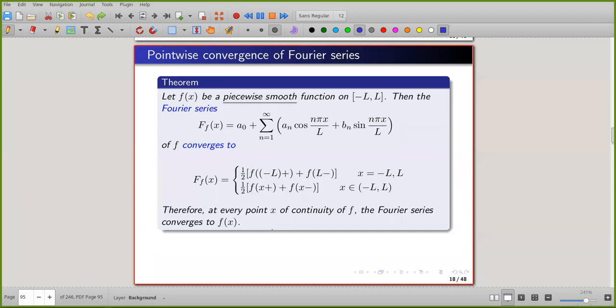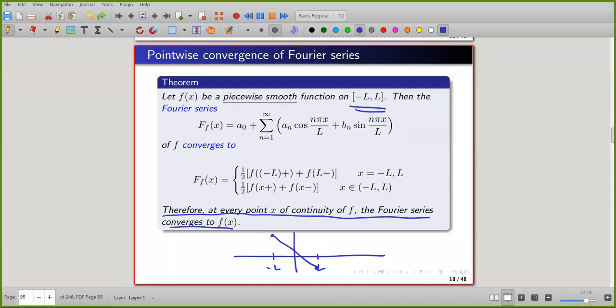So in some sense, when we look at this statement, we are extending our f. So let's say our f was defined like this, between minus L and L. Now, f is defined on minus L comma L. The question is, will you say minus L is a point of continuity?